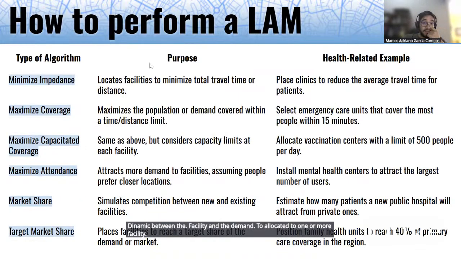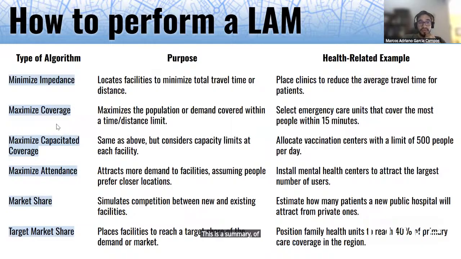This is a summary of each type of solution, the purpose of each one, and an example using a health problem. For example, if I want to minimize impedance, I can place clinics to reduce the average time per patient. Here, I need to specify what impedance is. Usually it is a distance or a specific time.